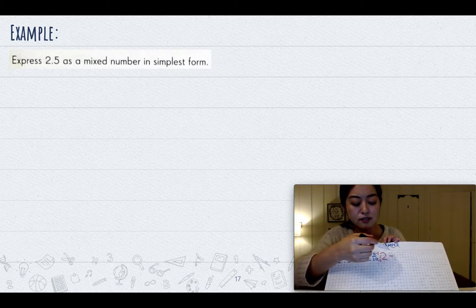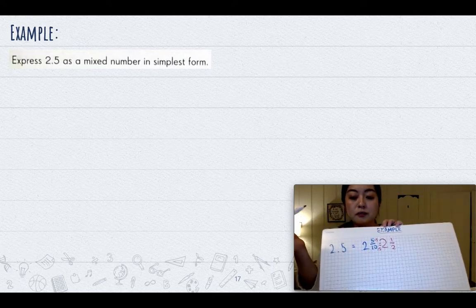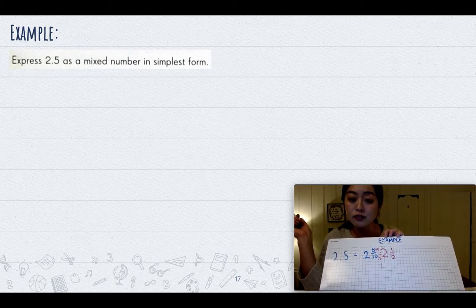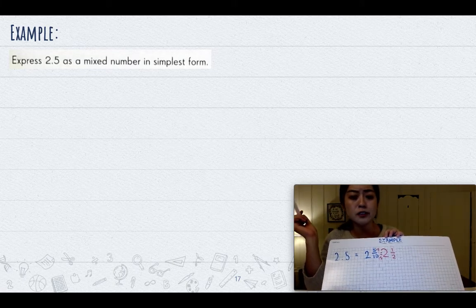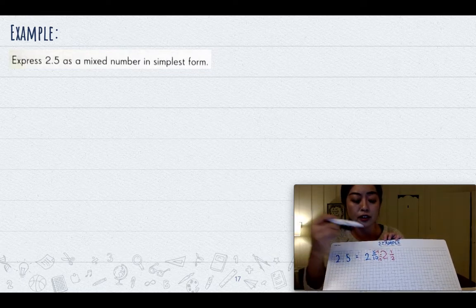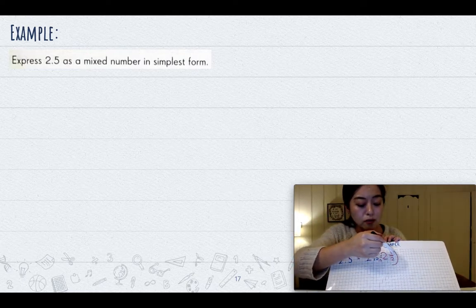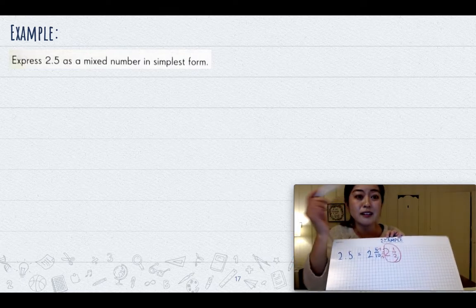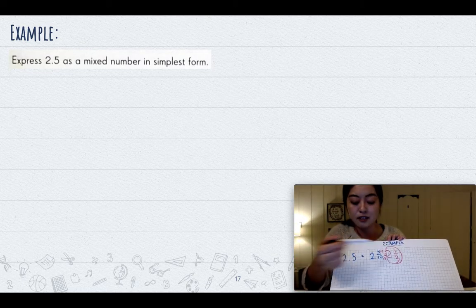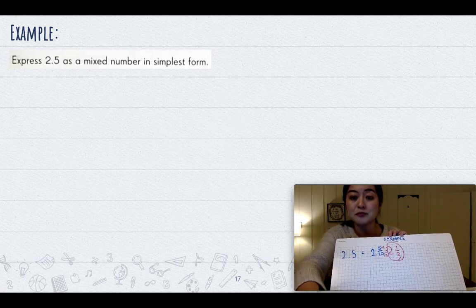And so 5 divided by 5 is 1. 10 divided by 5 is 2. 2 and a half. Can I simplify this more? No, because the fraction doesn't have any other common factor for the numerator and denominator besides 1. So 2.5 is written as my mixed number 2 and a half.